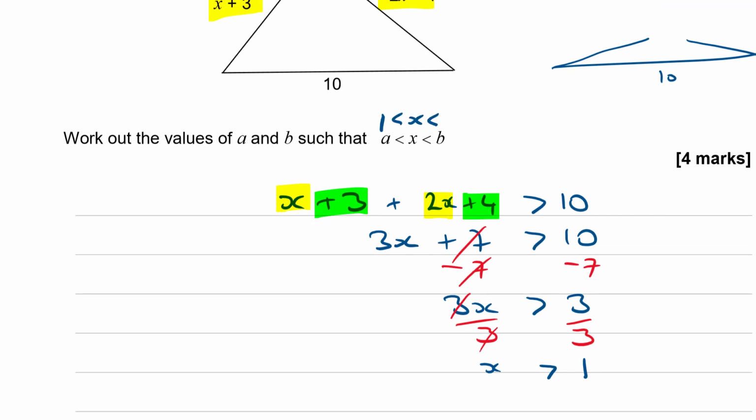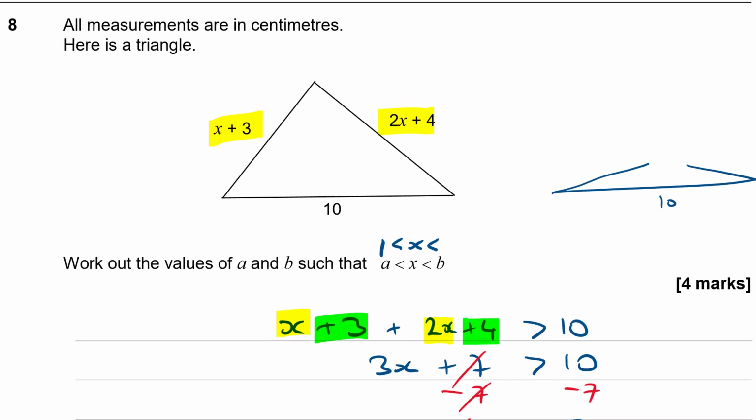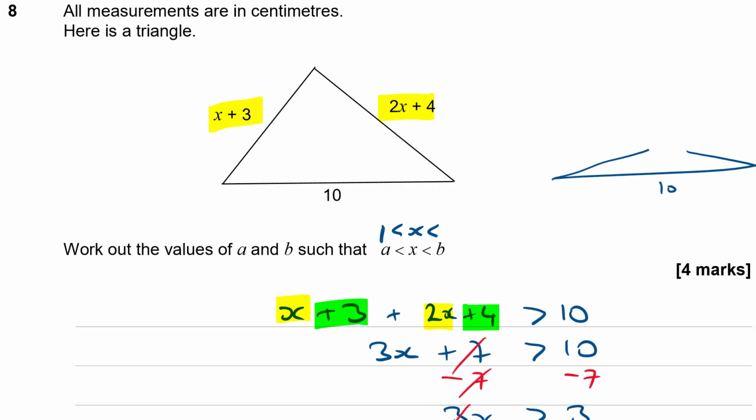Now I need to know what it's going to be less than. What I can do is have a similar argument for two of the other sides. Just like my x plus 3 and my 2x plus 4 needed to be long enough to reach across that gap of 10, we could take two other sides.